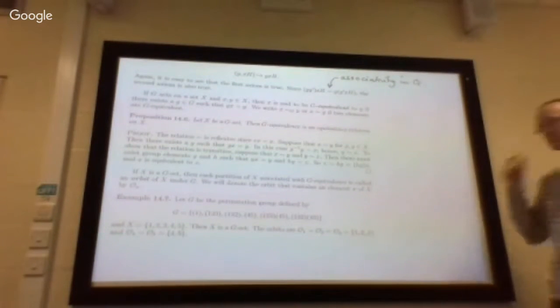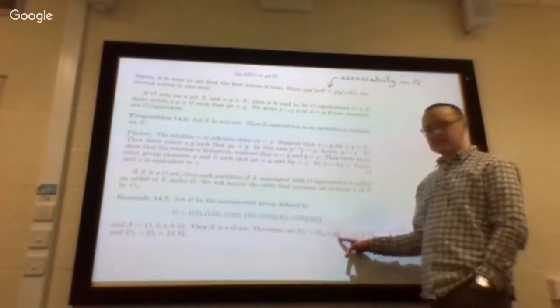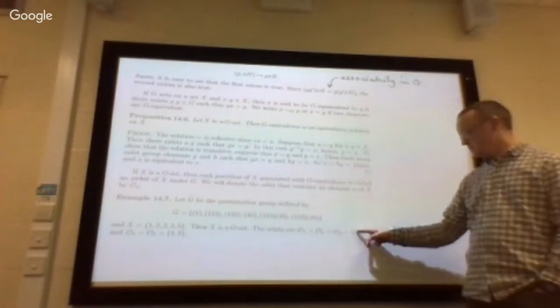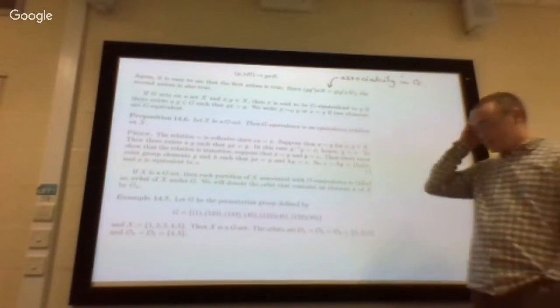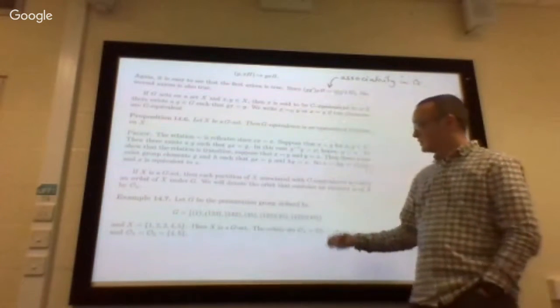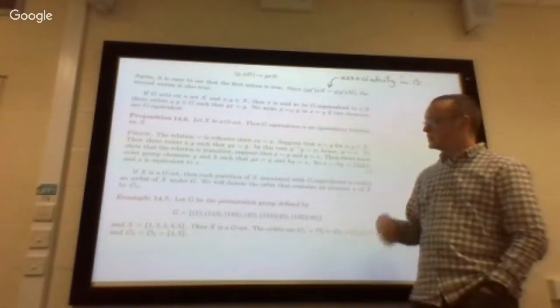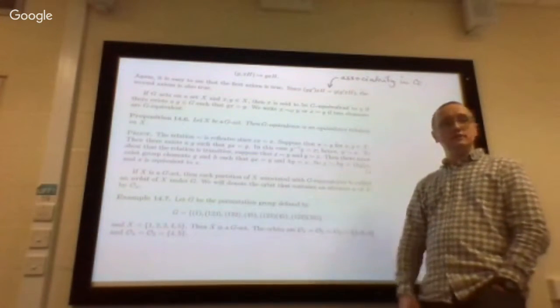So it's claimed here that the orbit of 1 is the same as the orbit of 2 is the same as the orbit of 3, and that orbit is the 3 elements 1, 2, 3. To verify that, you take the label 1, and ask where it travels to under application of any of these permutations.